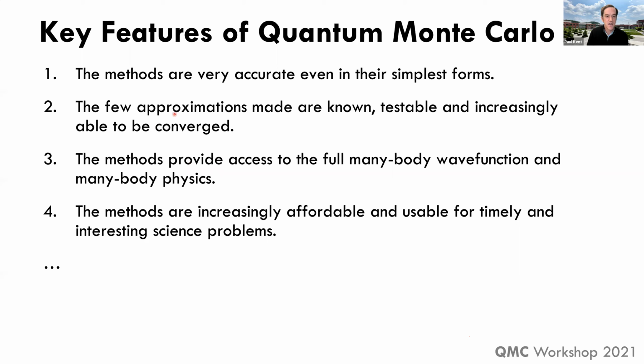But then there are some other points which I think are going to take increasing relevance over the coming years. One of the interesting things about quantum Monte Carlo methods is that there are not very many approximations in them. And what those approximations are is known. And it's increasingly possible to reduce the errors that result from those approximations and converge the results. So one can envisage a time in the near future when we can start to say what the uncertainty in our predictions is.